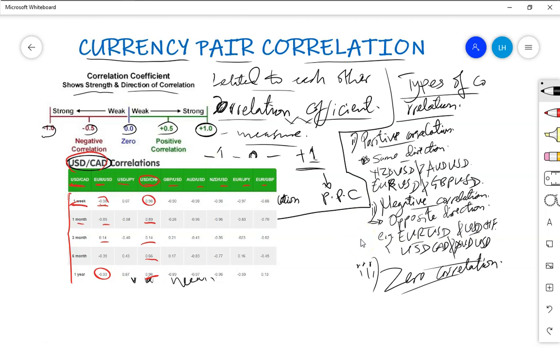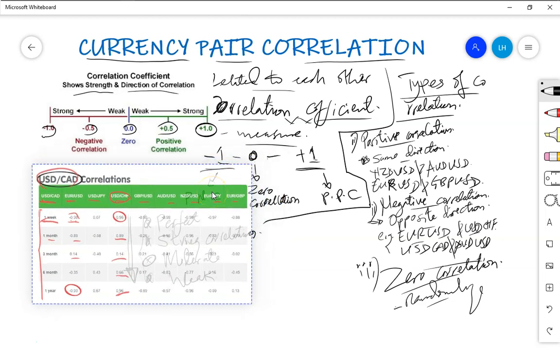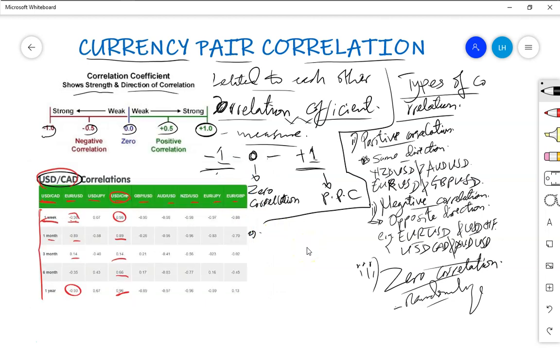They move randomly. In simple terms, they totally move in random directions, sometimes in the same direction, sometimes in opposite directions. That's what we call zero correlation. We don't have any further discussion on zero correlation because it is actually useless. Mainly the positive and negative correlations are useful.